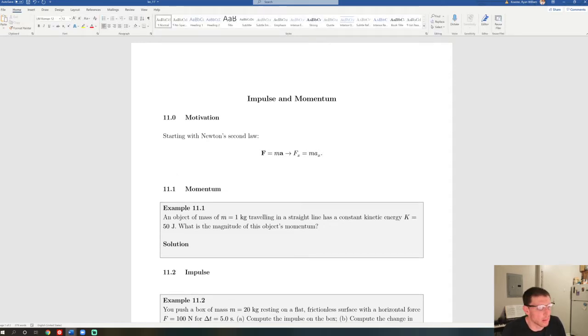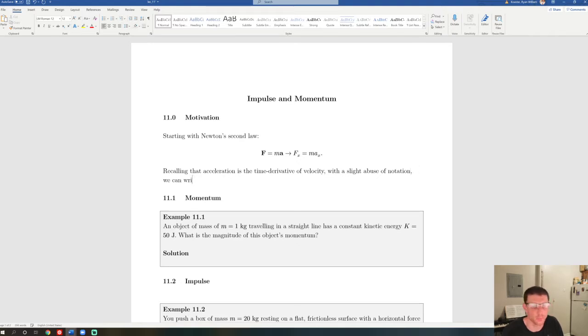And so we want to remember, well, let me put this in the document, that acceleration is the time derivative of velocity, right? And so with a slight abuse of notation, again, this is another one of those things that would make the mathematicians angry, we can write something like this.